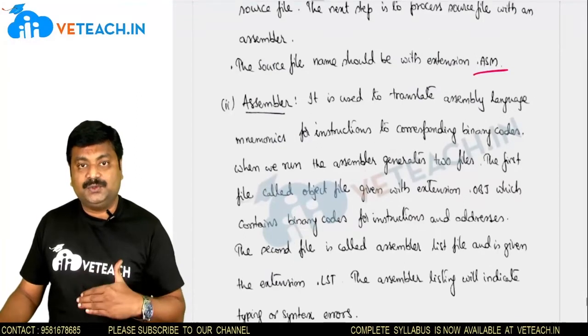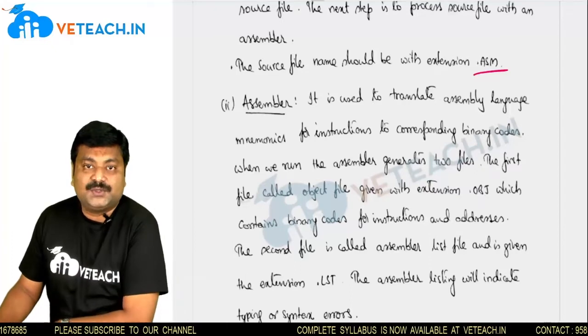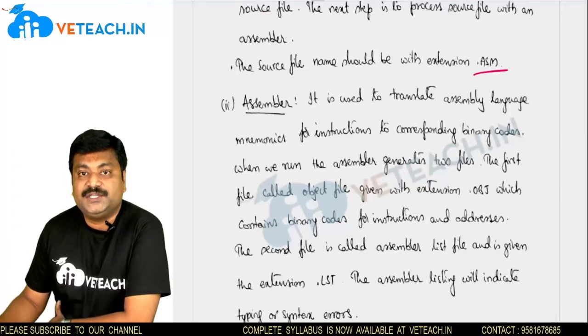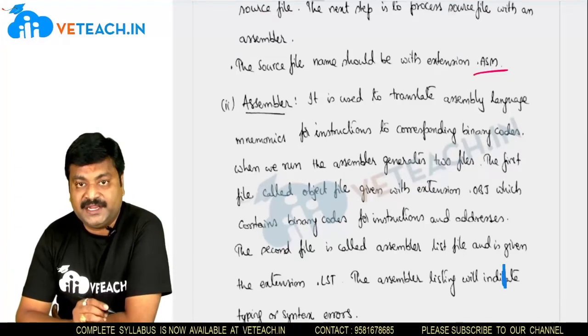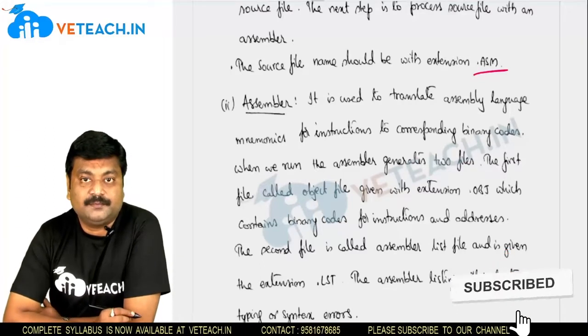The next tool: as the source file is ready, we need to pass this source file to the assembler. So here the assembler is used to translate the assembly language mnemonics of the instructions to the corresponding binary codes.